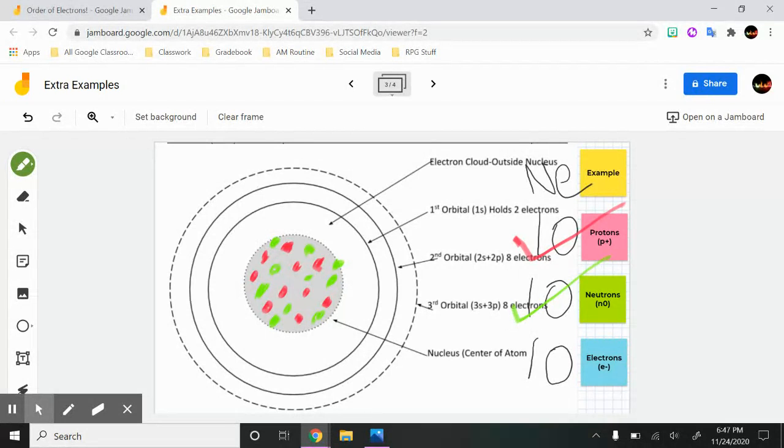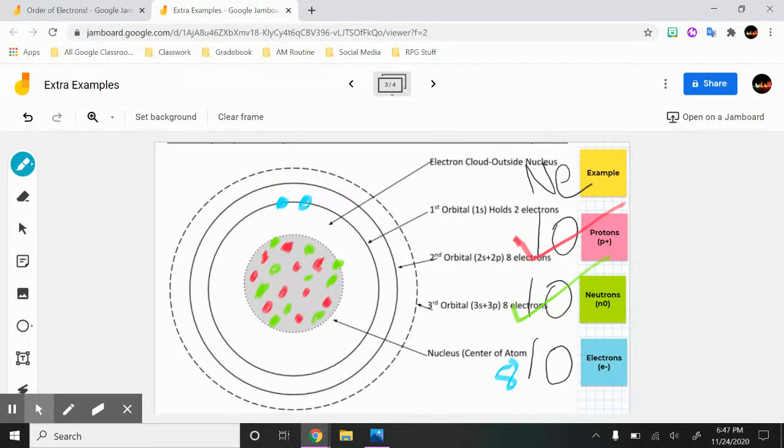Now the tricky part: we have to put in our electrons. The first 2 go on the first ring, right next to each other. I still have 8 left, so I'm going to follow the pattern and move to my second ring. I'm on my second ring now.